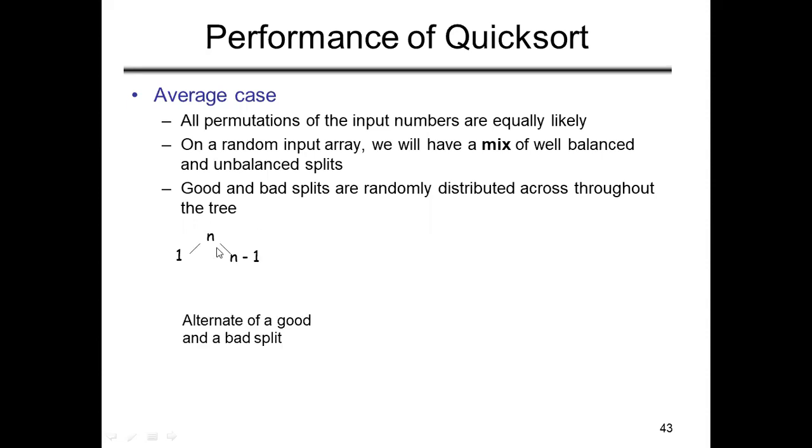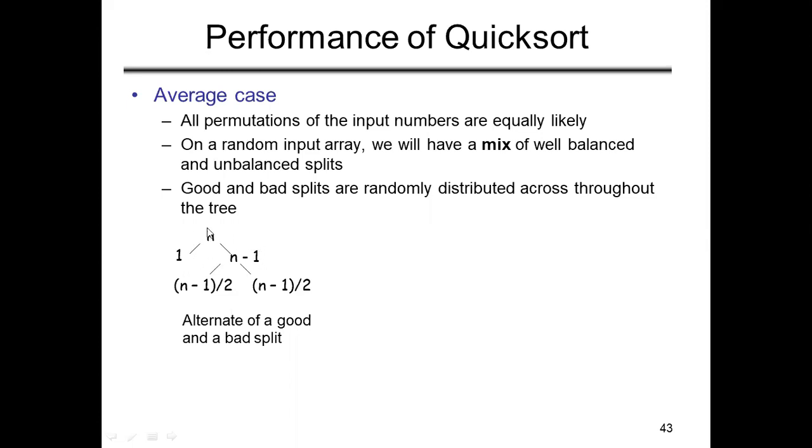So n number of elements: one element in one subarray, n minus 1 in another subarray. This is an alternation of a good and a bad split. Suppose we divide n minus 1 into n minus 1 by 2 elements and n minus 1 by 2 elements. The left subarray is 1 element and the right subarray has n minus 1 elements.